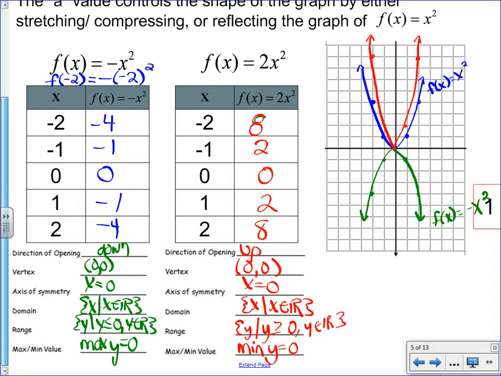You may want to jot that down as a good clue to help figure out your range. Jenny? Does it matter if it's up or down that the min or max would be? Absolutely. You have to look at the graph and tell me, does it have a minimum value or a maximum value? If it has a maximum, your range will be in this form. If it has a minimum, it will be in this form.